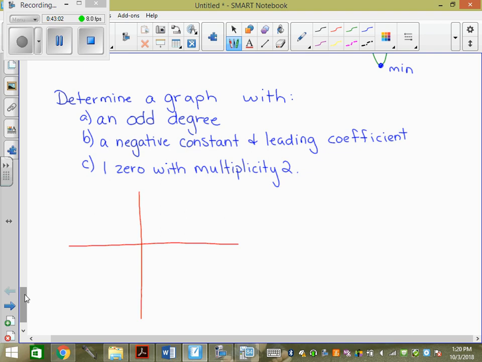A negative constant, what does that mean? I have a y-intercept that's below. So I'm just going to give myself 1. Boom. I have at least something drawn on this graph at this point. Could you draw it anywhere below? Absolutely. It has a negative leading coefficient.